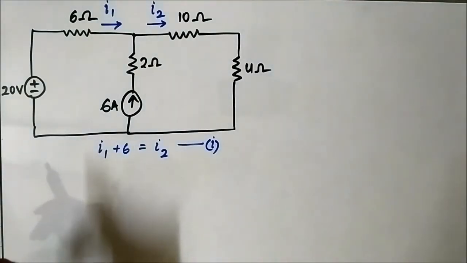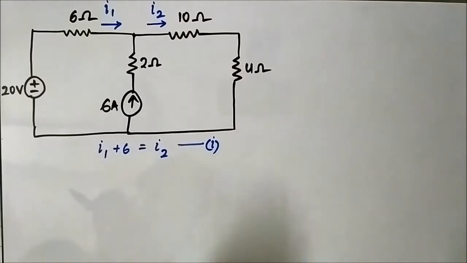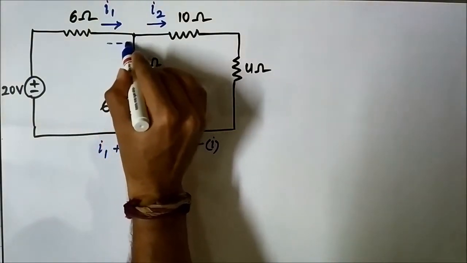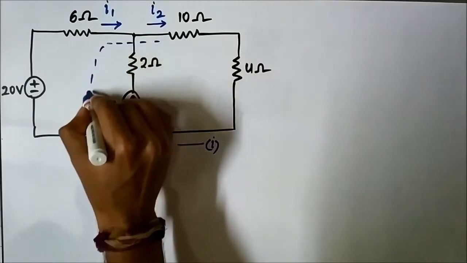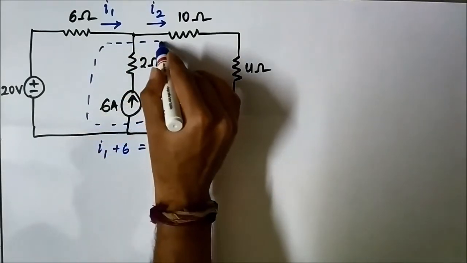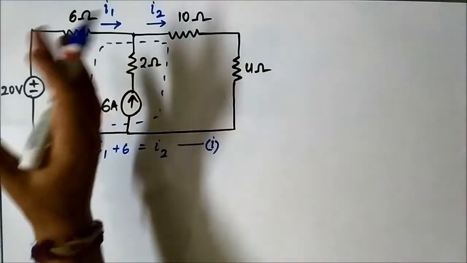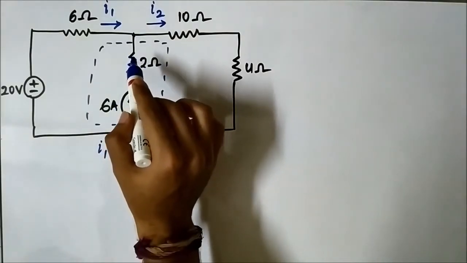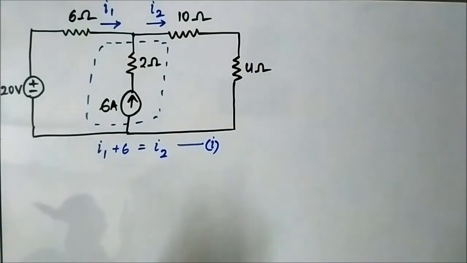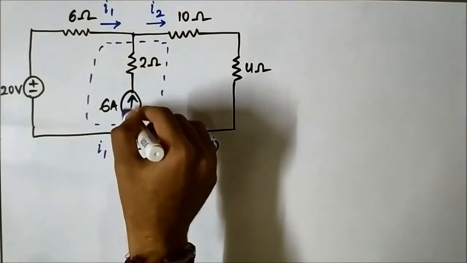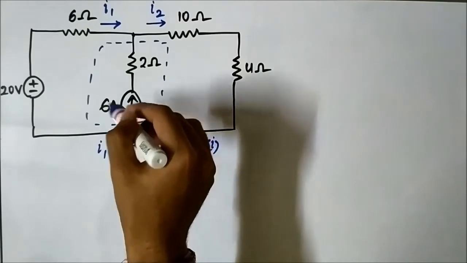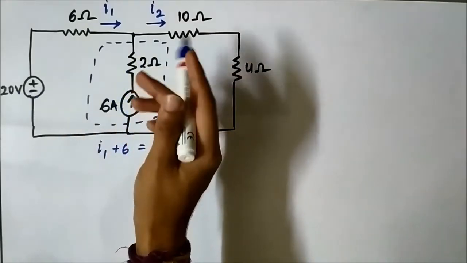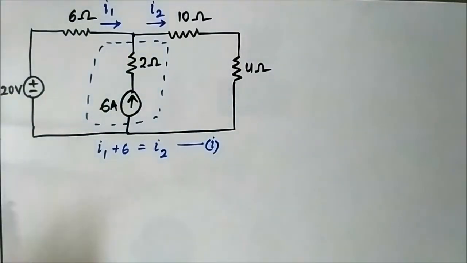Now for applying super mesh analysis, we have to remove this portion from the circuit. We have to exclude this independent 6 ampere current source and this 2 ohm resistor. If we deactivate the current source, it means we open circuit it, and once it is open circuited, the 2 ohm resistor also goes out of the circuit.